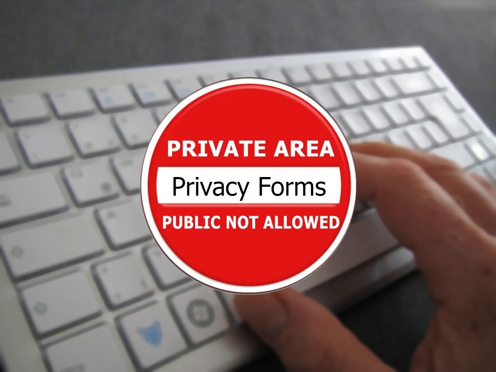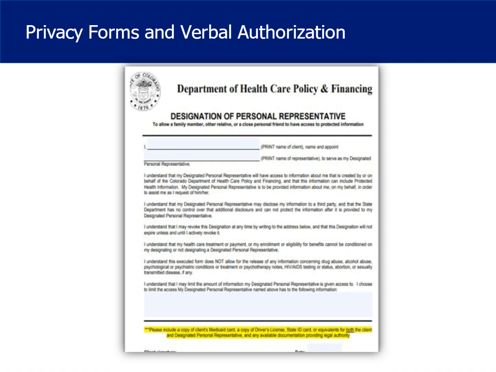Now it is time to talk about privacy forms. HIPAA uses privacy forms for members to formally designate that another individual may speak to us on their behalf. There are two different types of forms that we use. Those forms are called a personal representative form and a third-party representative form. The personal representative form is usually a family member or someone close to the client.